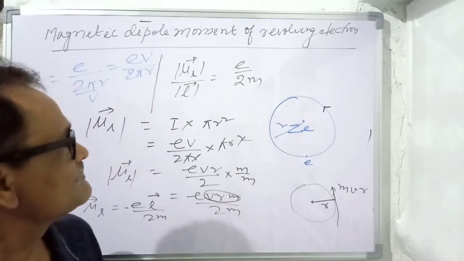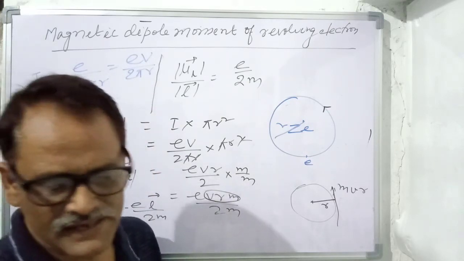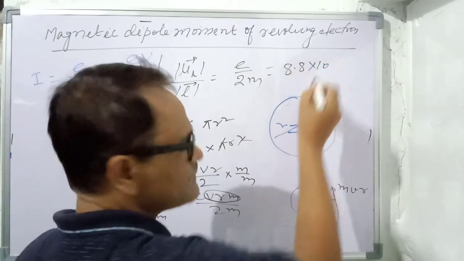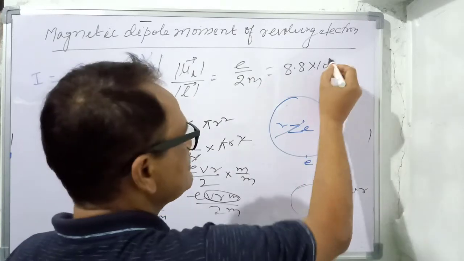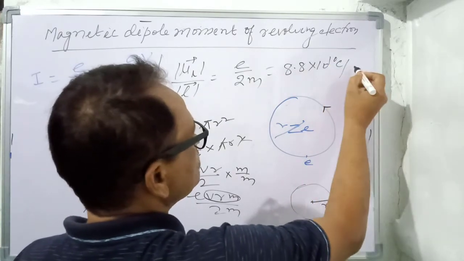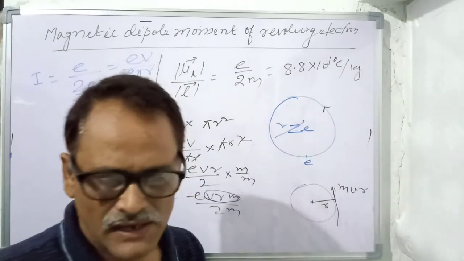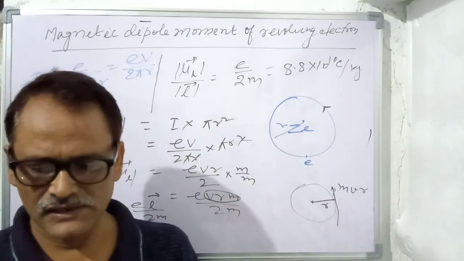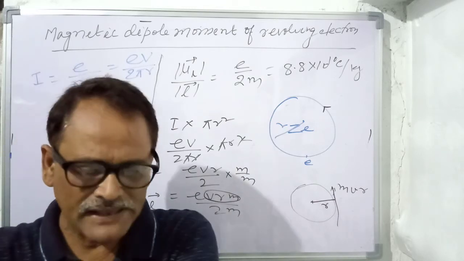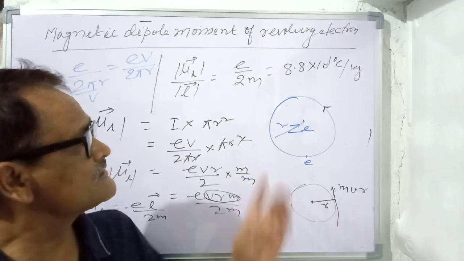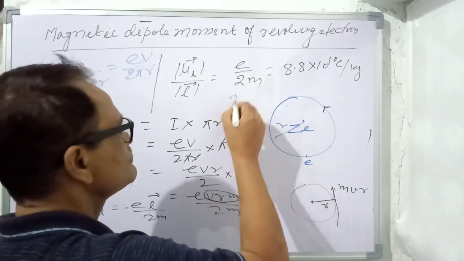Putting the values of e and m, we get 8.8 into 10 to the power minus 10 coulomb per kg, and this is known as the gyromagnetic ratio.